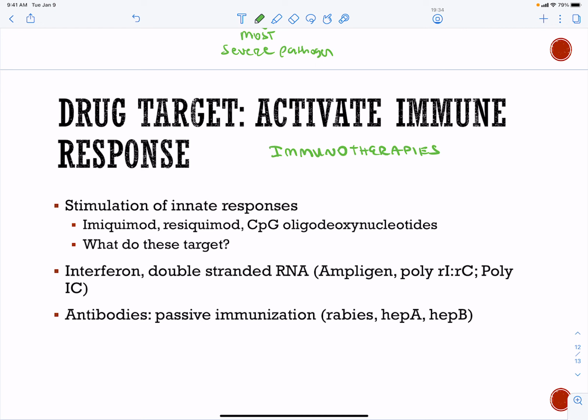So there's CpG oligodeoxynucleotides that are going to target toll-like receptors. Imiquimod is also going to target toll-like receptors. And this will induce inflammation.